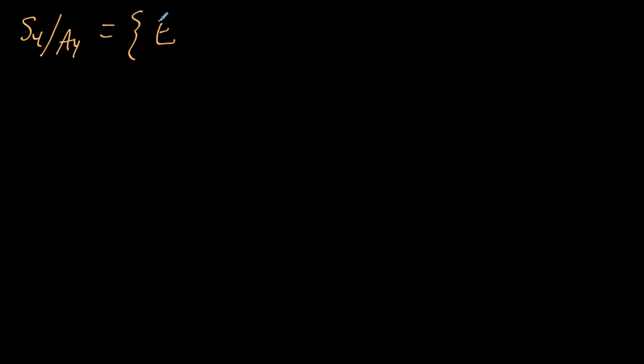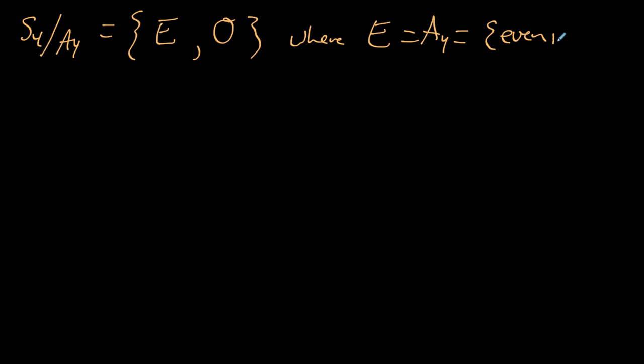The first one I'm going to call E, and the second one I'm going to call O, where E is equal to A4, and that's the set of even permutations, and O is any odd permutation times A4, and that's just all of the odds.